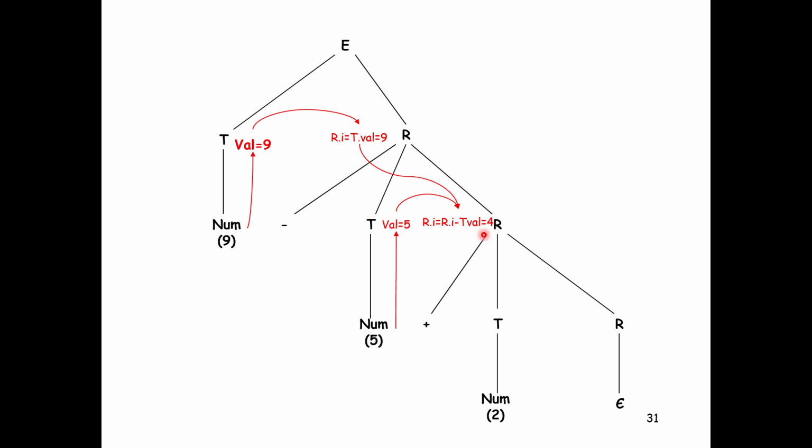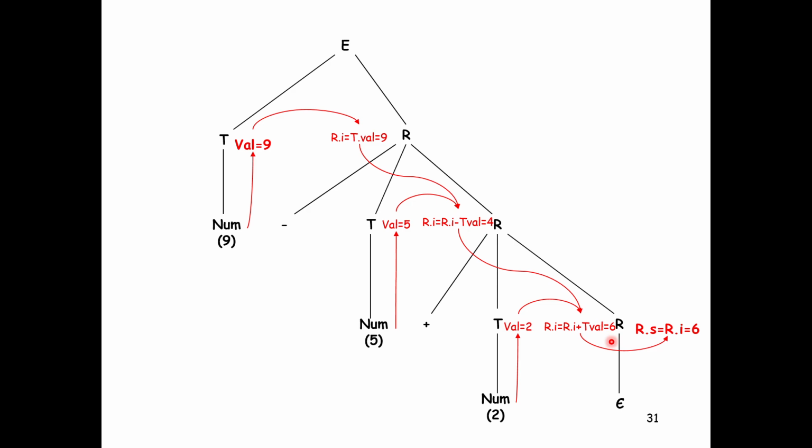9 minus 5 is 4. Again, we will traverse this node, then 2 is inserted. Here R gives plus TR. The rule might be R dot i equal to R dot i plus T dot val, so that will be computed as 4 plus 2, which is 6.